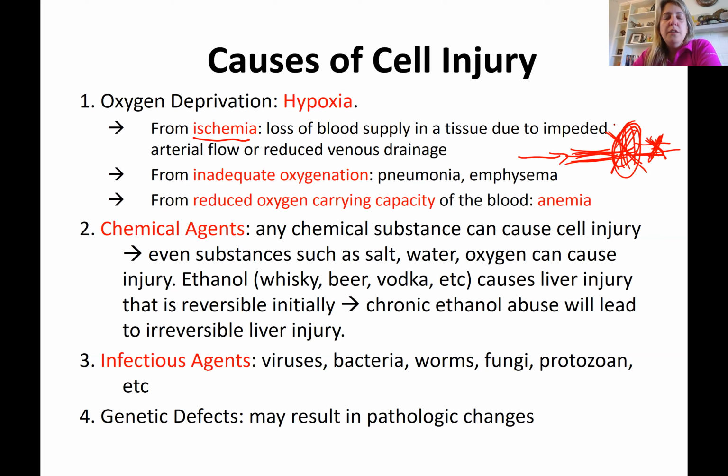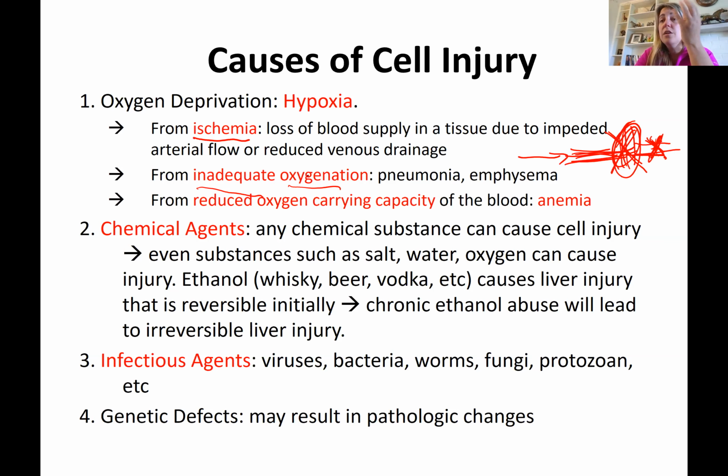The other way that hypoxia can happen is from inadequate oxygenation. Inadequate oxygenation is when your blood may be okay, but your lungs are not working well, via pneumonia or emphysema of the lungs.